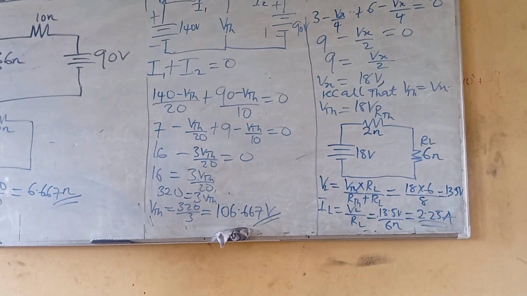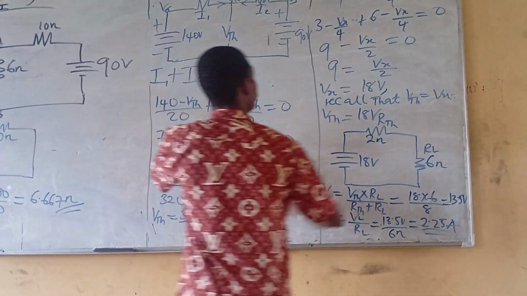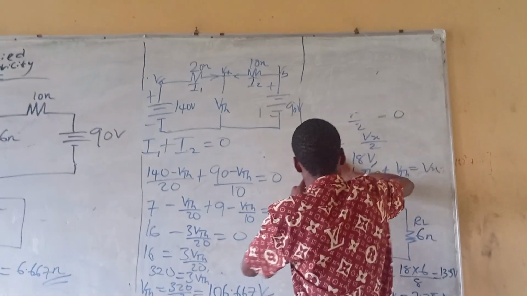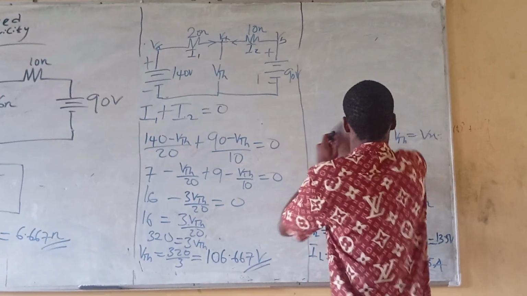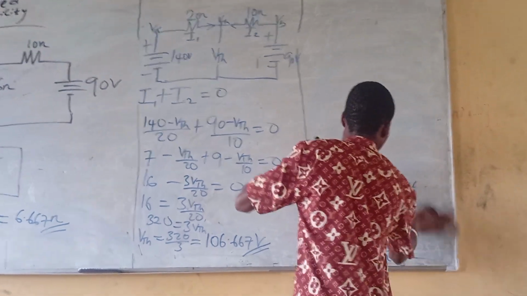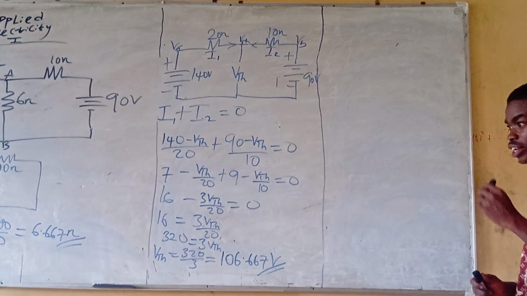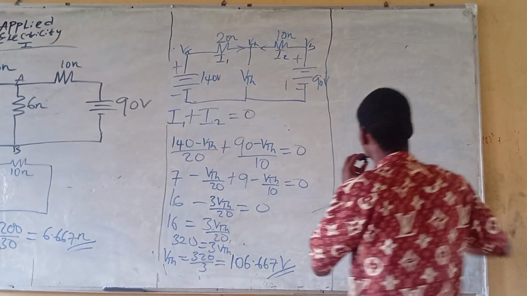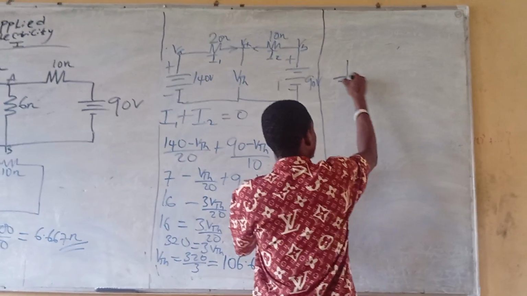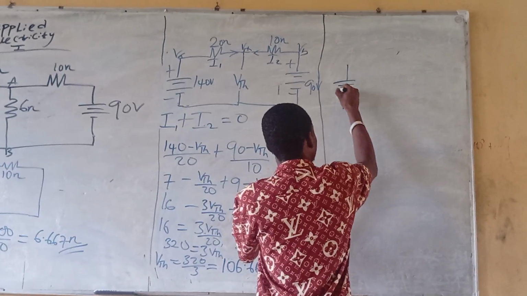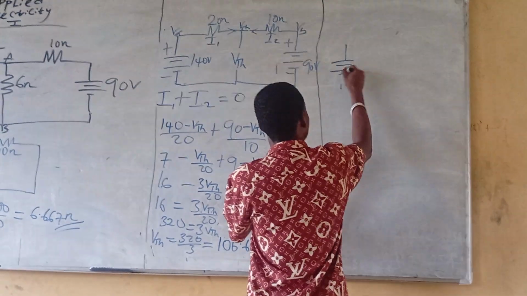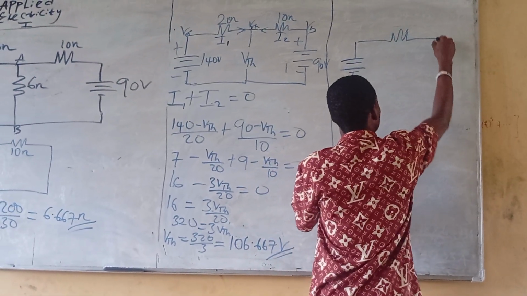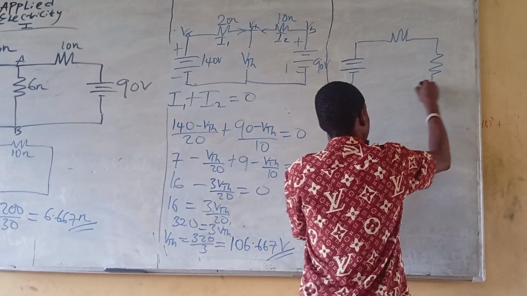Let's draw out the equivalent Thevenin circuit as I drew. This is the Thevenin's voltage, this is the Thevenin's resistance, and this is the load resistance.